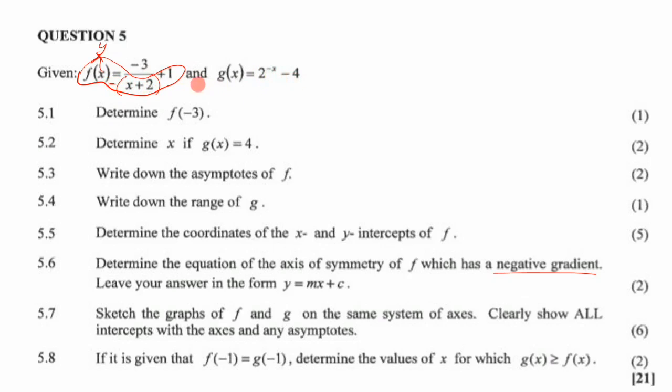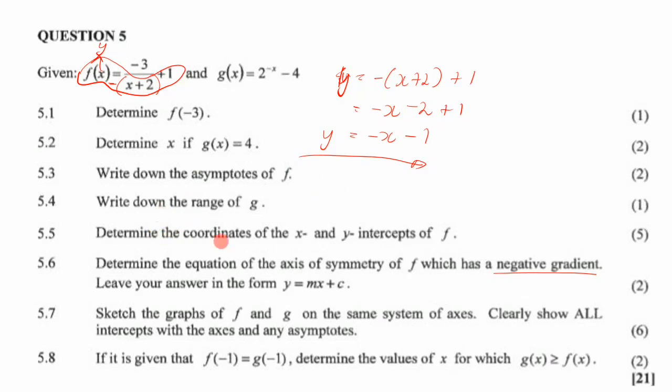So for your f of x with a negative gradient, we have f of x or y. So we'll have y, and then that's -x plus 2 and then plus 1. So our equation will be -x minus 2 plus 1, and then the equation therefore is -x minus y minus 1. So that's the equation of the axis of symmetry with a negative gradient.